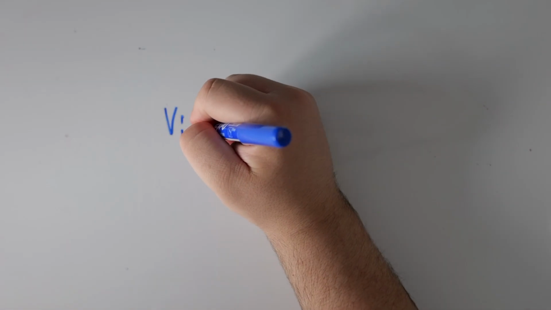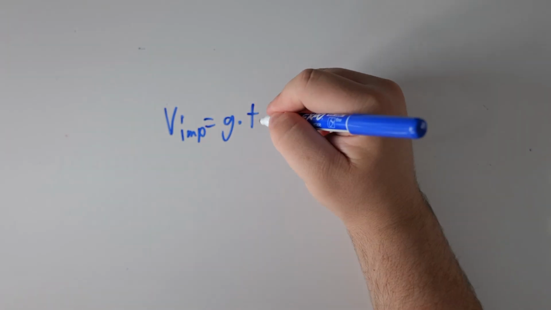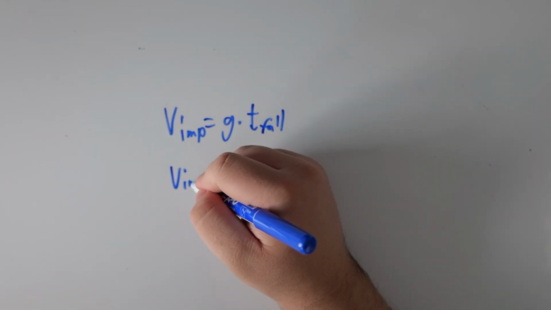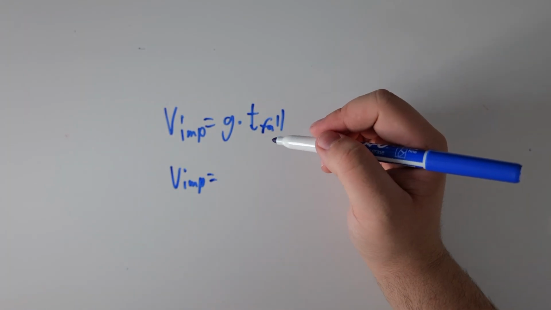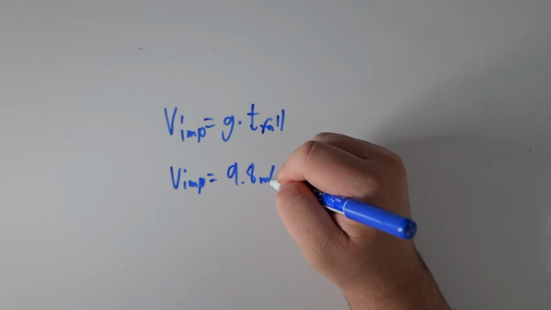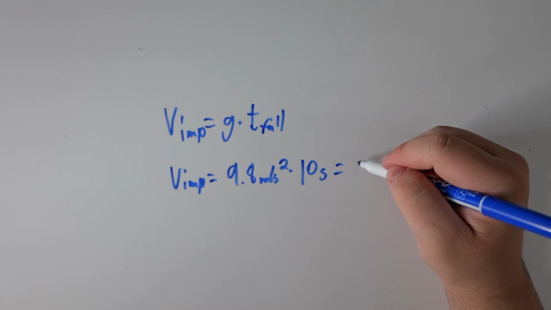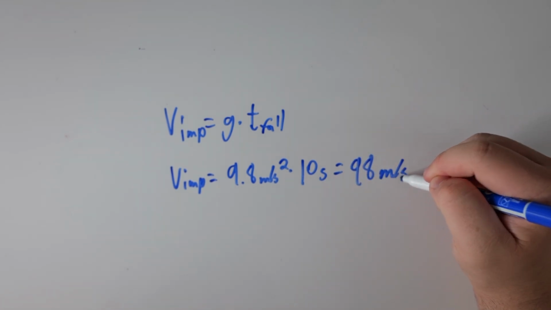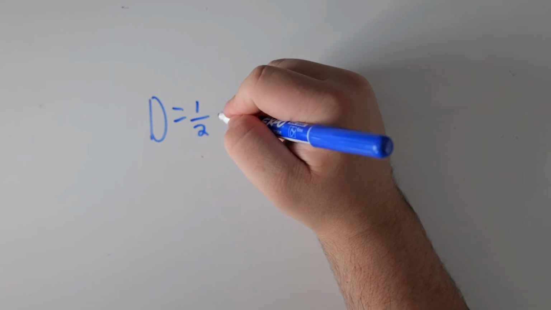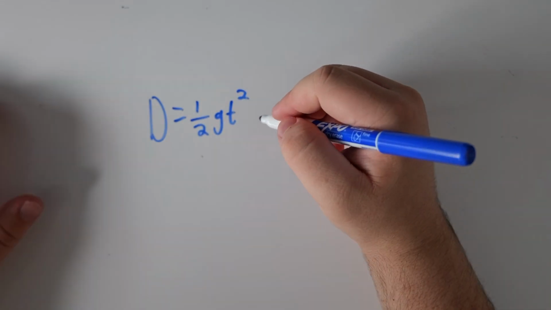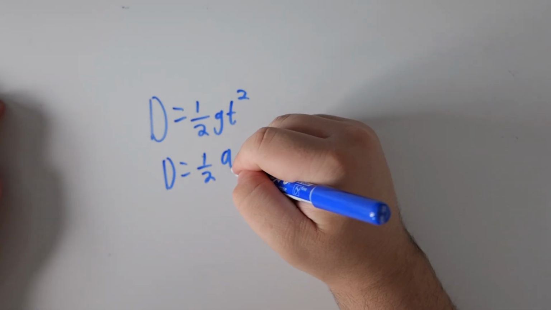The formula to find the velocity when the ball hits the ground, the impact velocity, is V_imp equals g times t_fall. So if the time that it has been falling is 10 seconds, then you multiply that by 9.8 meters per second squared, and you get 98 meters per second as the impact velocity. If I wanted to find the distance it traveled, I would use d equals 1/2 times g t squared.